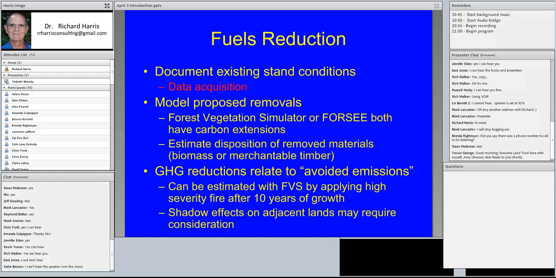The greenhouse gas reductions relate to avoided emissions, and these can be estimated with FFE or other methods, which will be described today. And then you have shadow effects, or potential shadow effects, on adjacent lands, which means the effects of the treatment on reducing fire severity or occurrence even on adjacent lands.